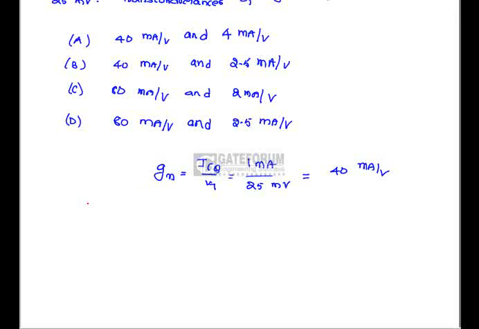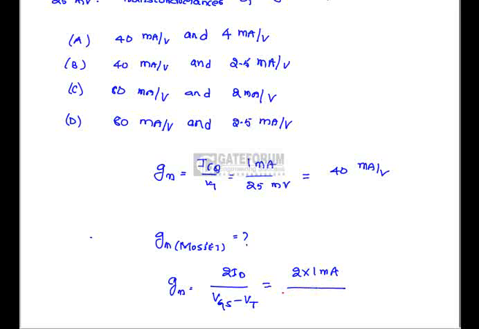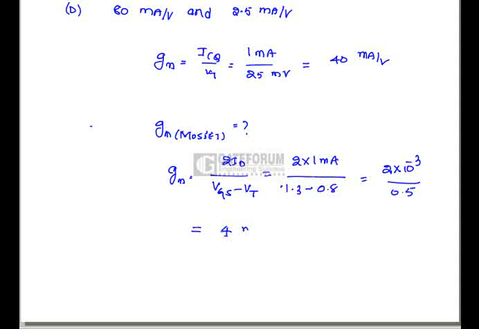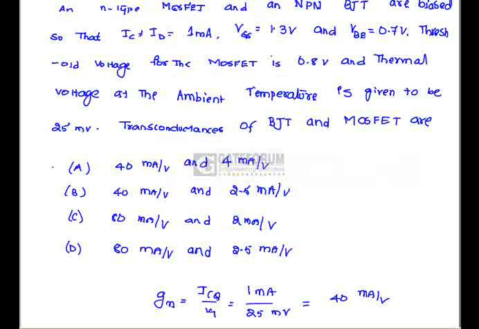Similarly, the transconductance of the MOSFET, gm, equals 2ID by VGS minus VT, that is 2 into 1 milliamp divided by 1.3 minus 0.8, which is 2 into 10 power minus 3 divided by 0.5, which equals 4 milliamp per volt. The option A is correct.